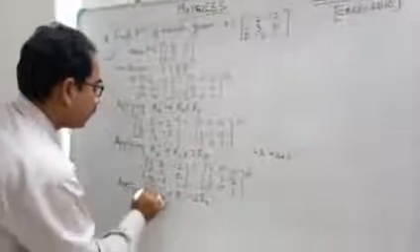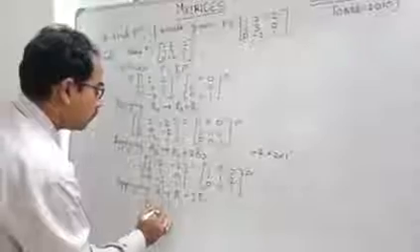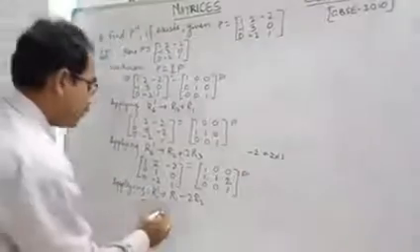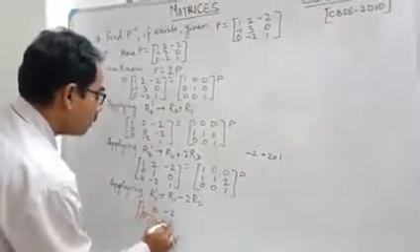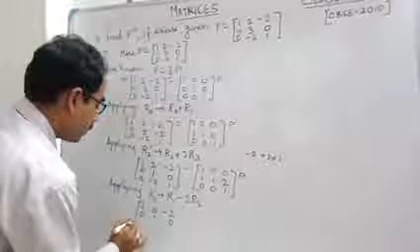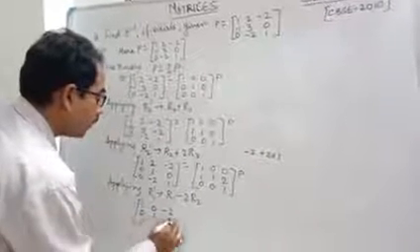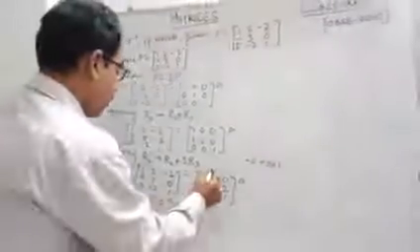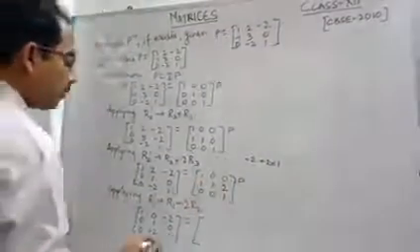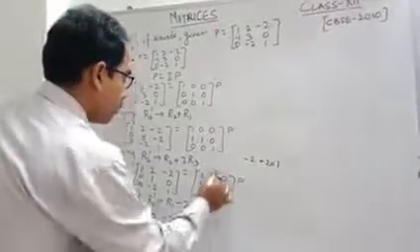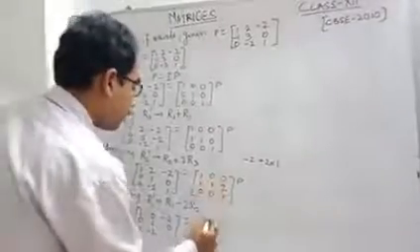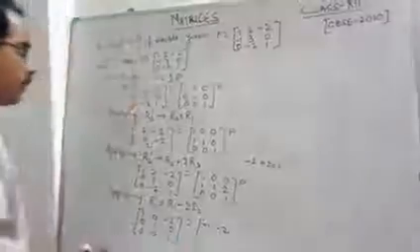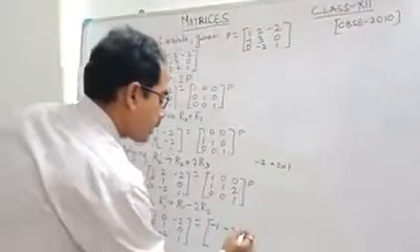So what are we getting? 1 0 -2, 0 1 0, 0 -2 1, and here same as it is, 1 minus 2 means -1, 0 minus 0 of -2 means -2, 0 of -4 means -4.